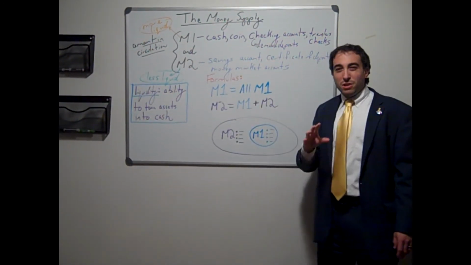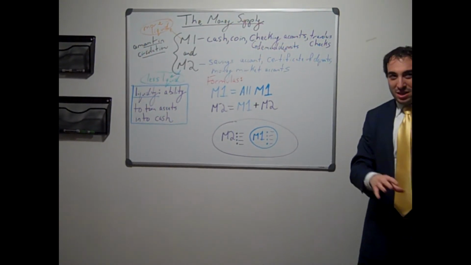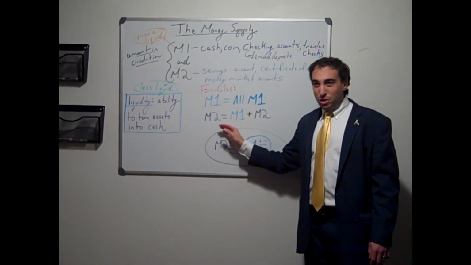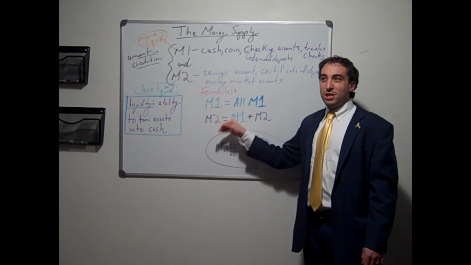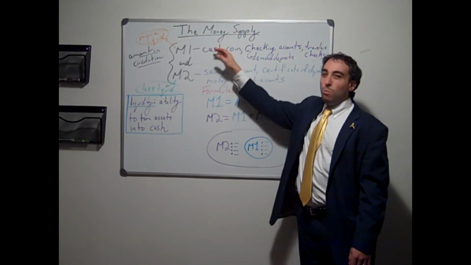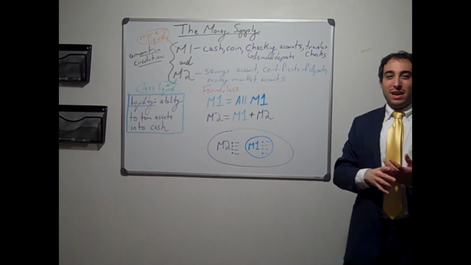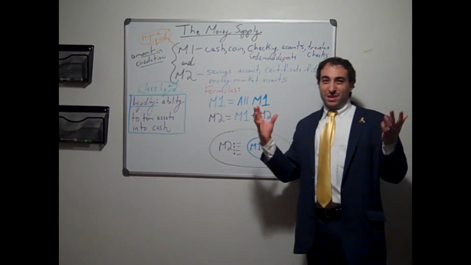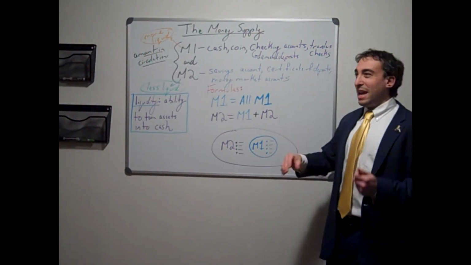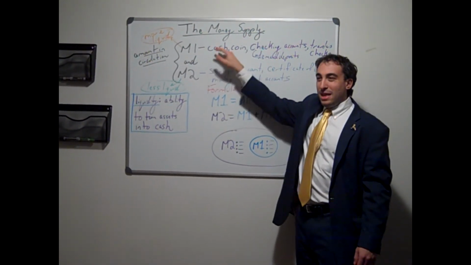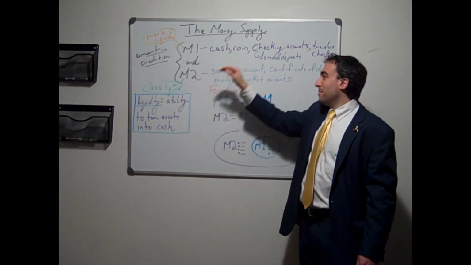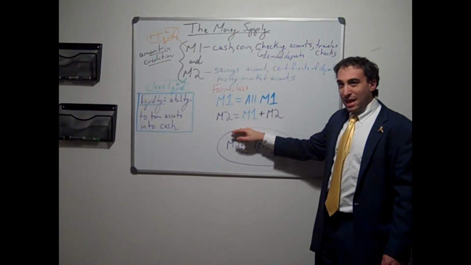But it also at the same time makes sense, because to get to M2, you have to originally have been M1. Money just doesn't appear in your savings account, as nice of a thought as that would be. You would first have to take cash and bring it to the bank and put it into your savings account.